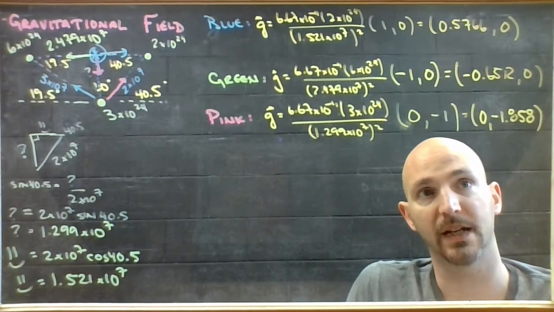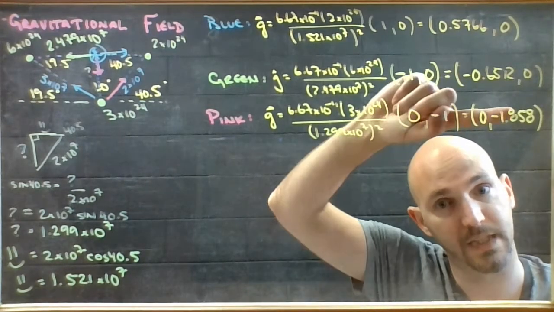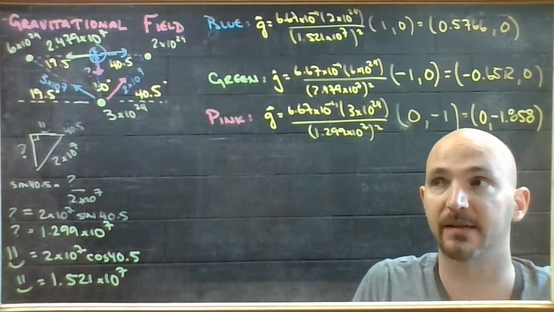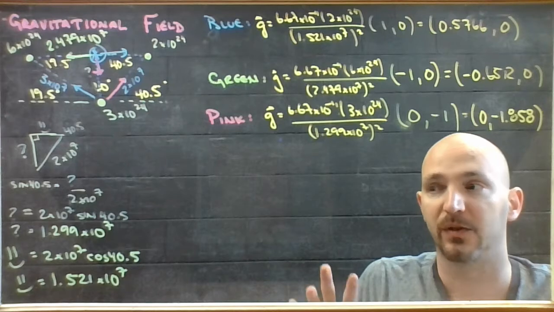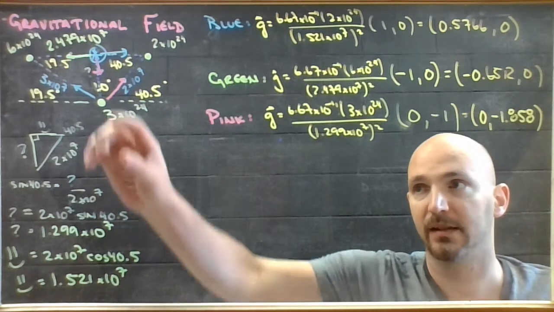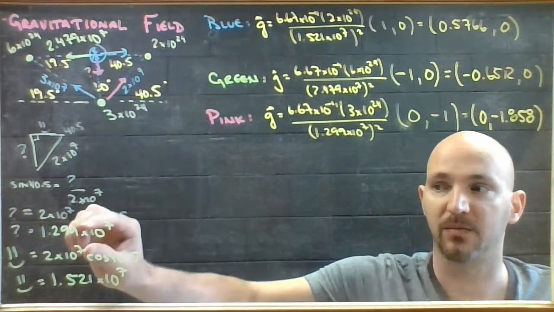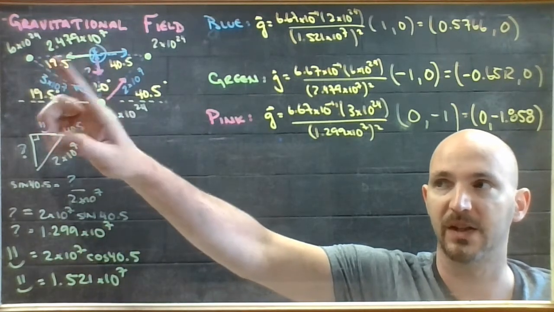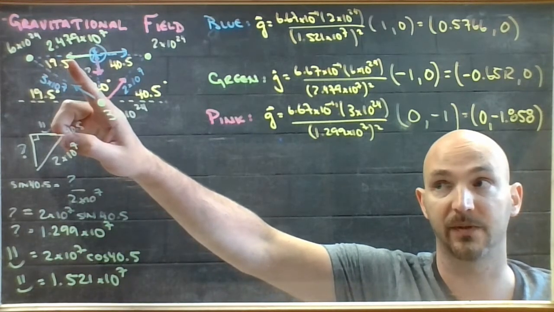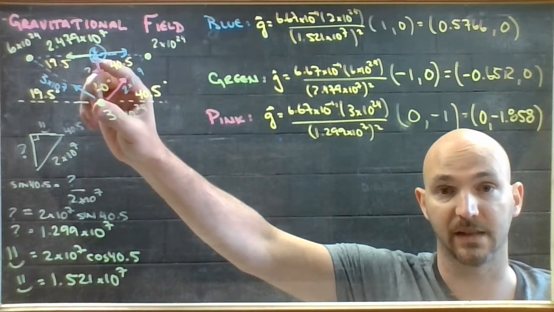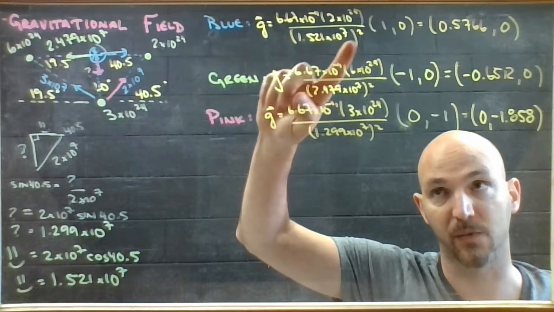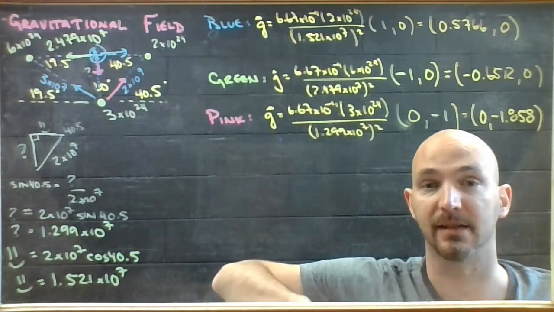So just looking at what's happened here, it looks like this is the dominant term, this pink one from this particular mass. So we try and figure out why that is. This distance was 1.299 and this was 2.4. So this is basically twice the distance that this is. And in your calculations, the r gets squared and the driving mass does not.